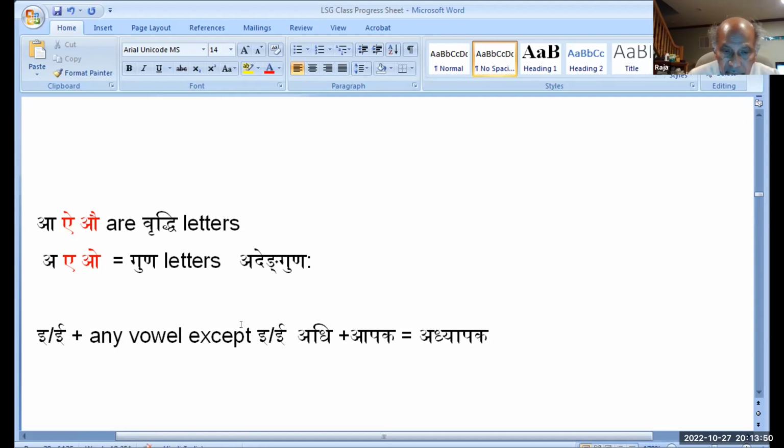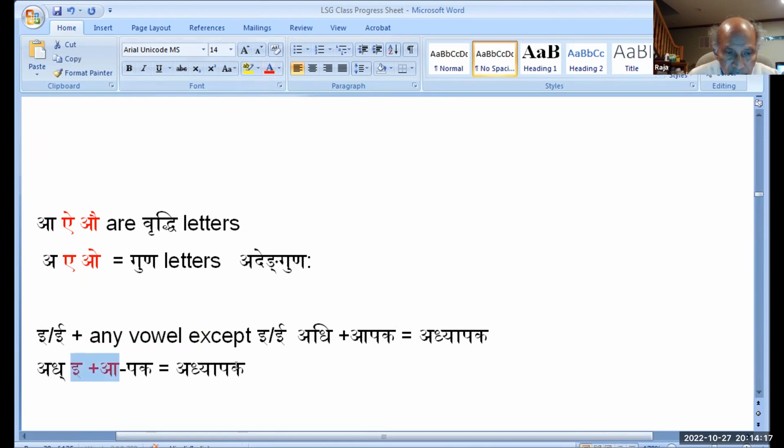And if I break this into basic mathematics, Adhi is A, Dakara, Ikara. And if you see this, these are the 2 vowel letters in contact.